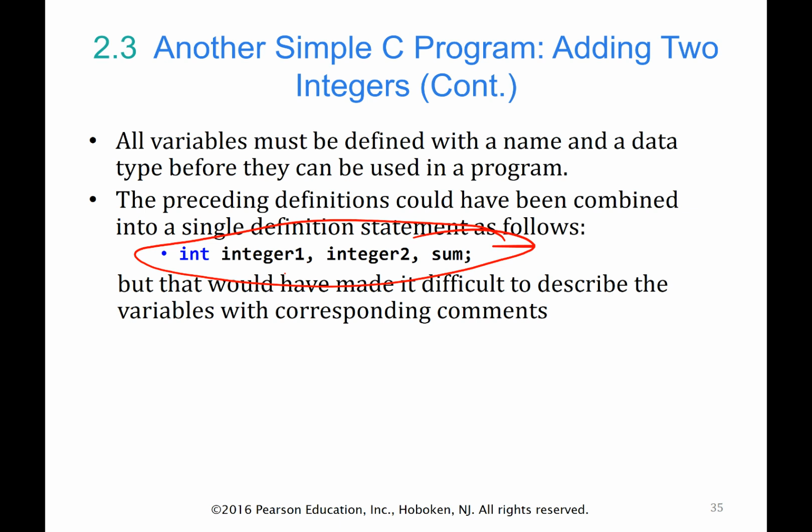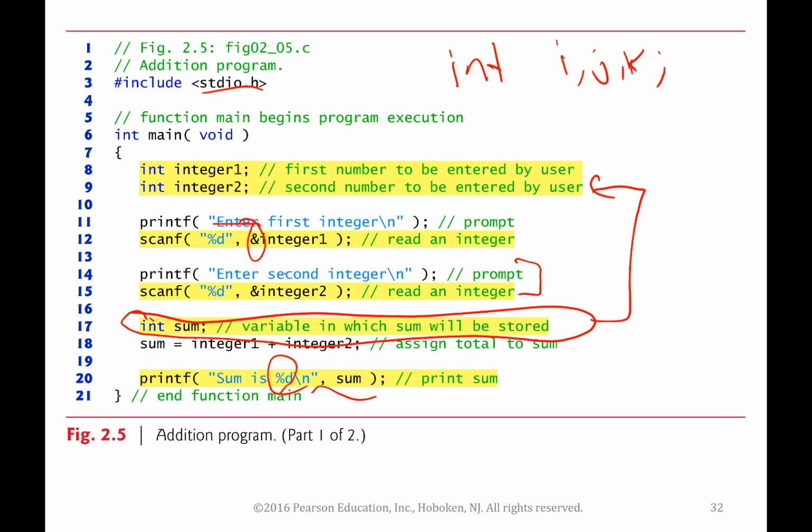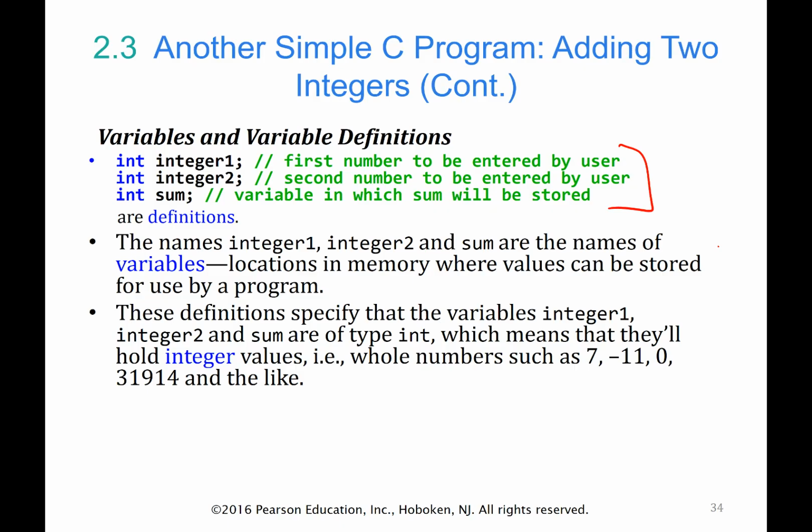But that would have made it difficult to describe the variables with the corresponding comments. What he says is that if you look at this code, he's got comments on each one of these variable declarations and what it means.